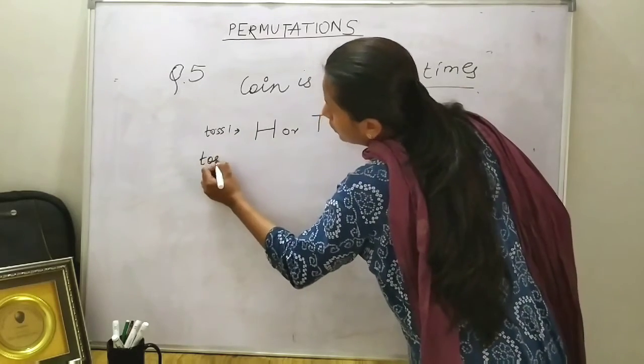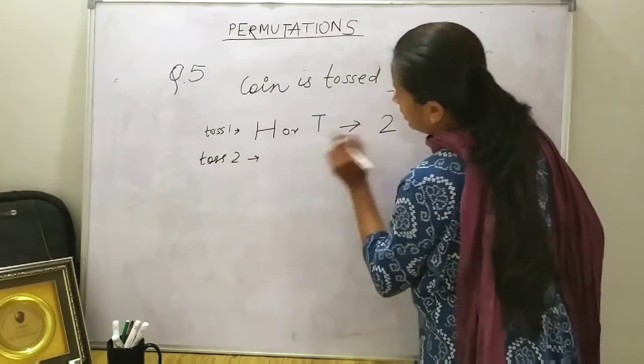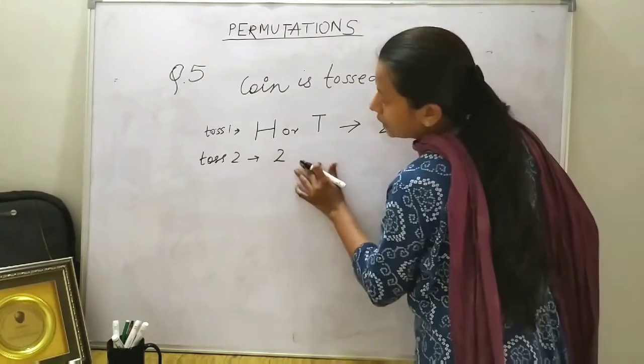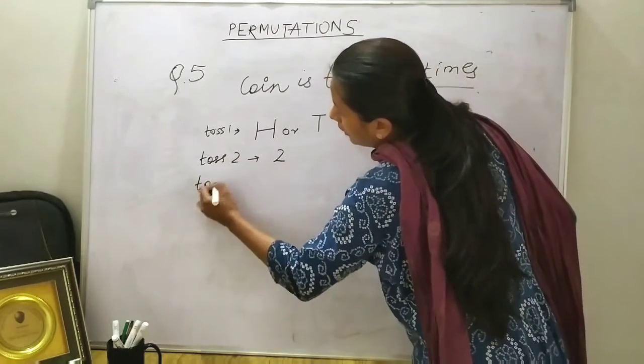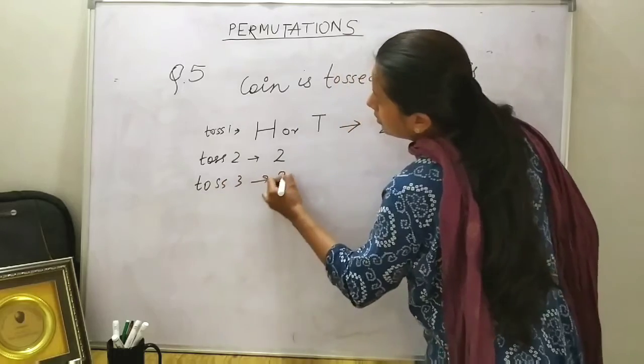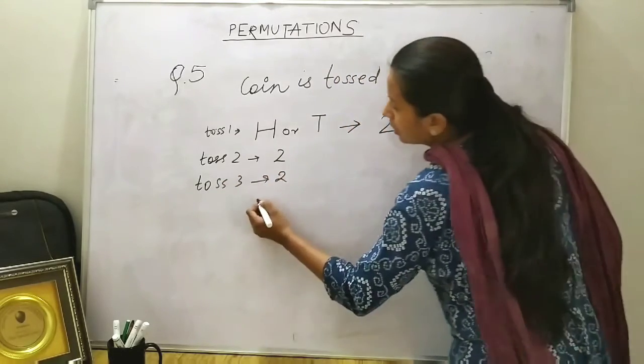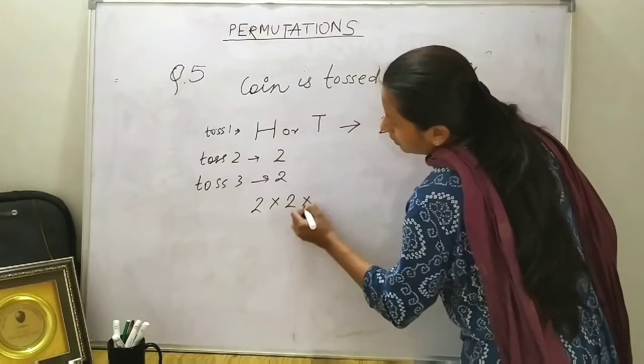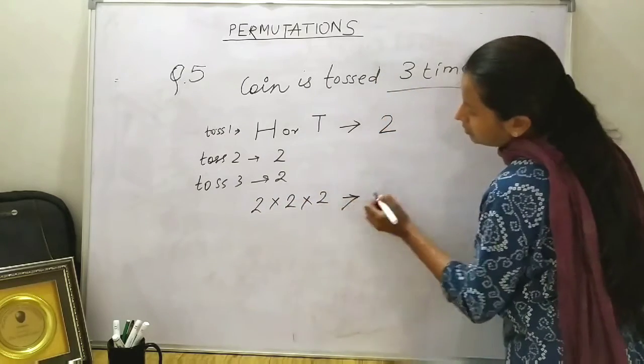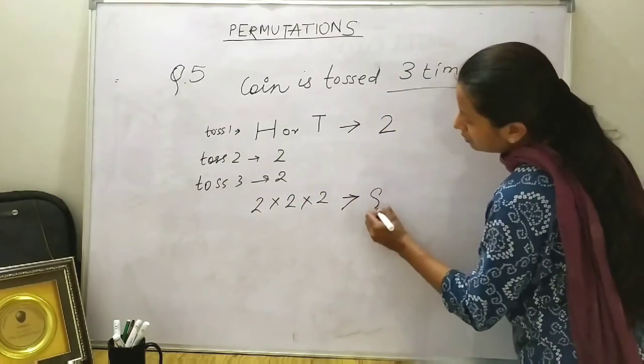Toss 2, same, 2 ways in which the event can occur, and toss 3, similarly 2 ways. So the number of possible outcomes is 2 into 2 into 2, that is 8.